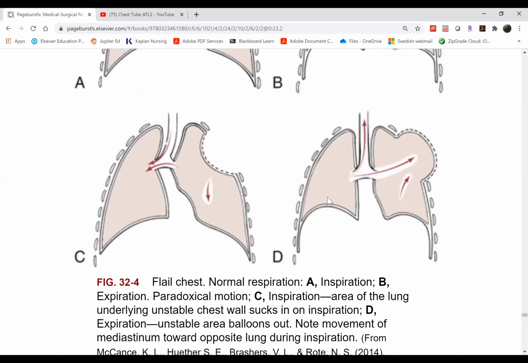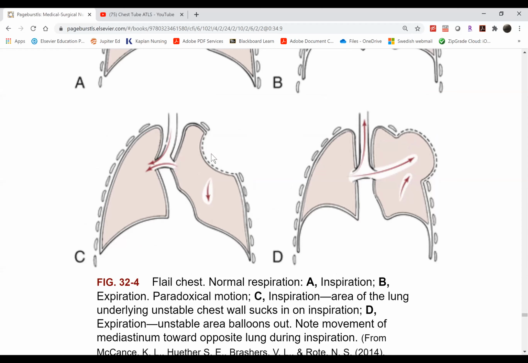If you go on YouTube, you'll see actual footage. It's very obvious when the chest wall caves in as the patient takes a breath. There's like an indentation. So on the chest wall, there will be an indentation during inhalation. Okay, it caves in literally.